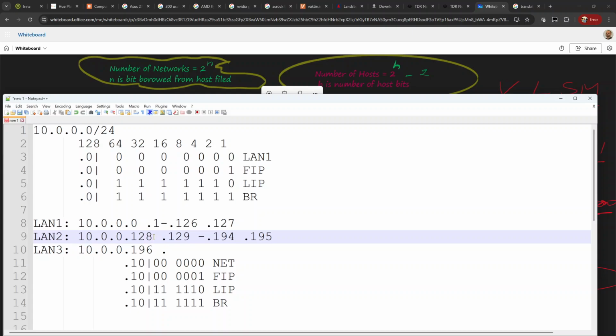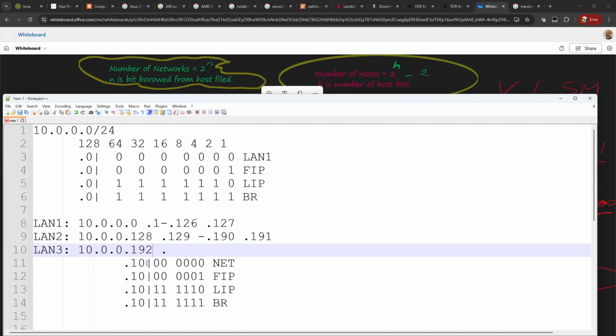Let me just, okay, I think it's 190. I think I'm doing something wrong in here. So this is 190, and 191 is the broadcast, and 192 is the next available subnet that we can use.